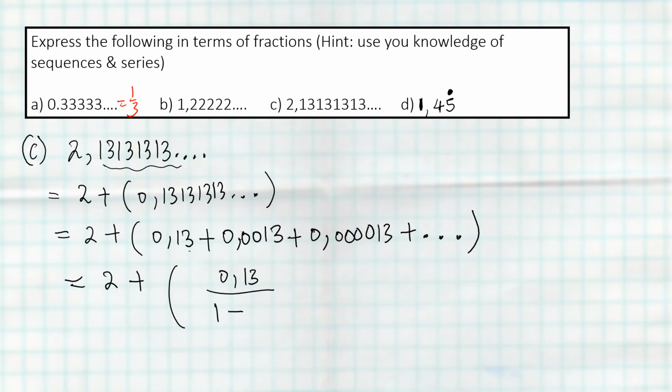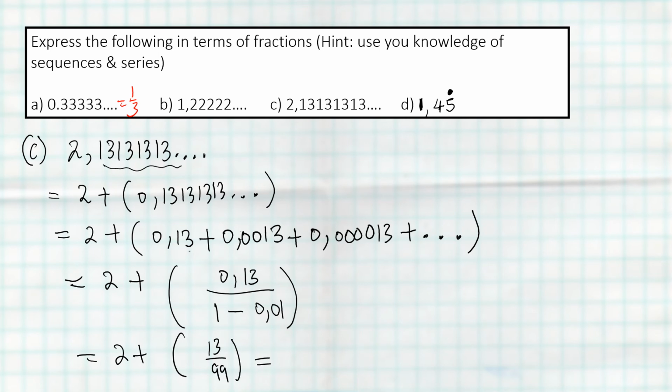To get your r, you take the following term and divide it by the previous term. So it's 0.0013 divided by 0.13, which gives me 0.01. So I'm just going to punch the calculator to get the answer. 0.13 over 1 minus 0.01 gives me 13 over 99.